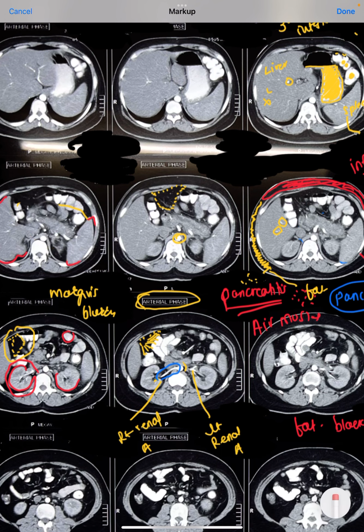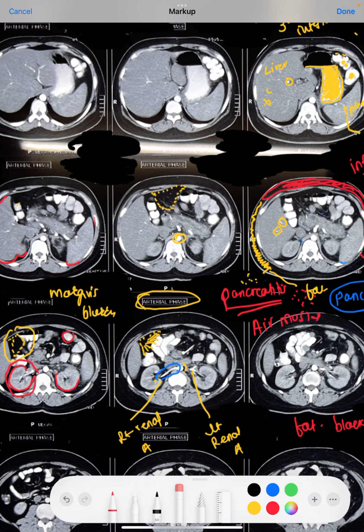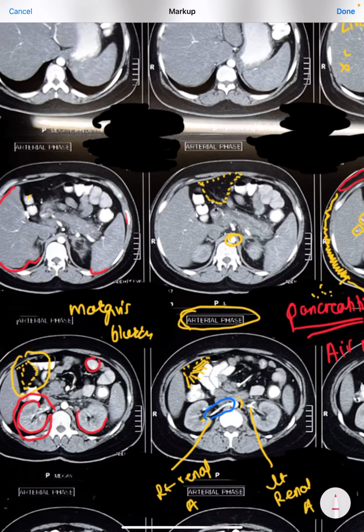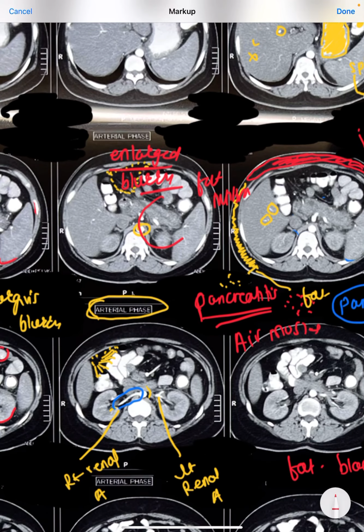So if you want to tell that it is pancreatitis, the pancreas should be enlarged in size. Its margins should be blurry, and the surrounding fat around the pancreas should show infiltration, what we call peri-pancreatic fat infiltration, which we can very nicely make out here.